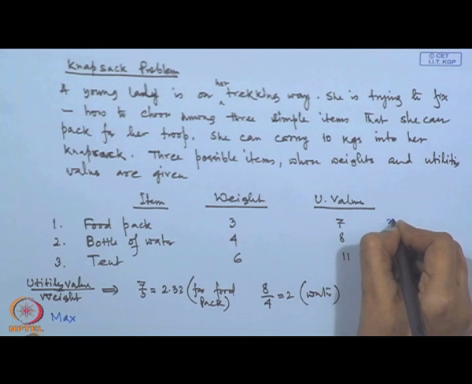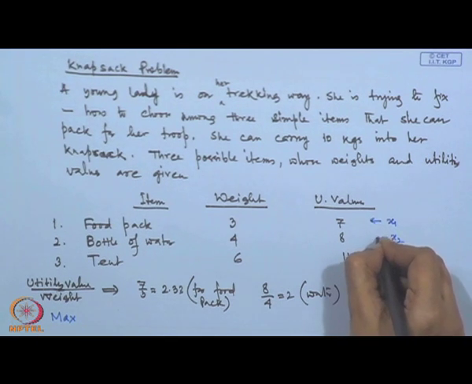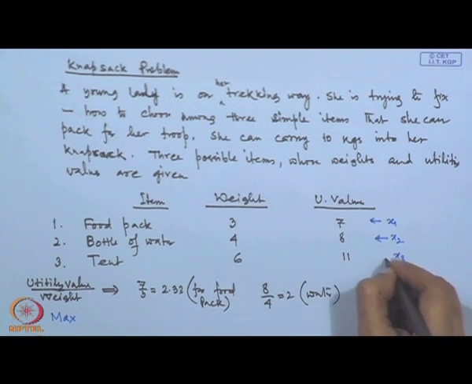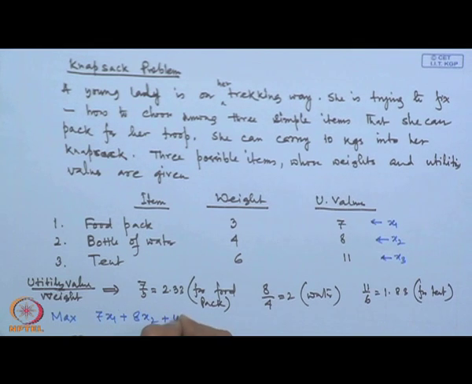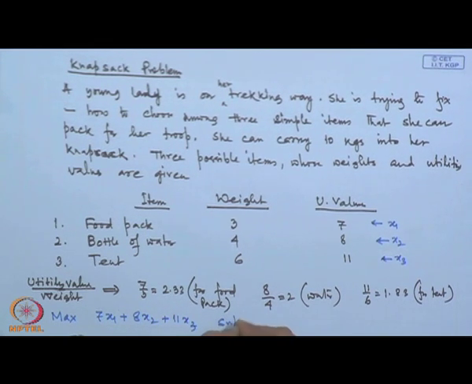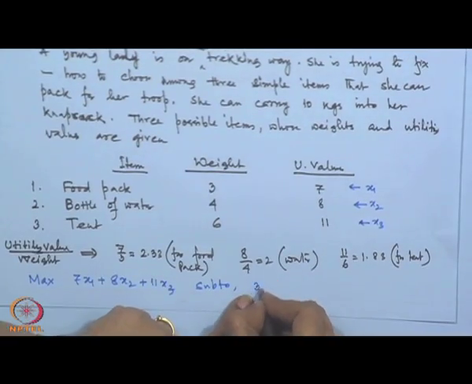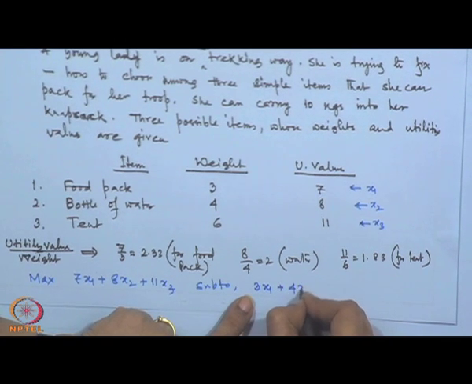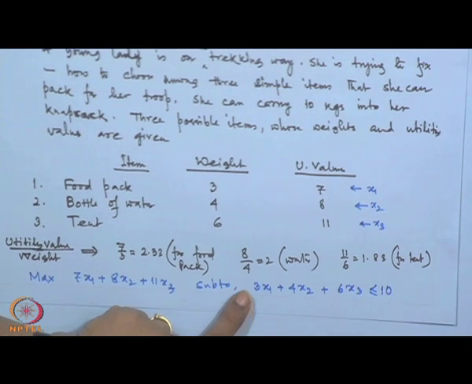If we consider x1 is the number of food packs, x2 the number of bottles of water, and x3 the variable for the number of tents, then we can find the maximization of the total utility value 7x1 plus 8x2 plus 11x3, subject to the constraint that the total weight must be less than or equal to 10. And here x1, x2 and x3 are all integer values.